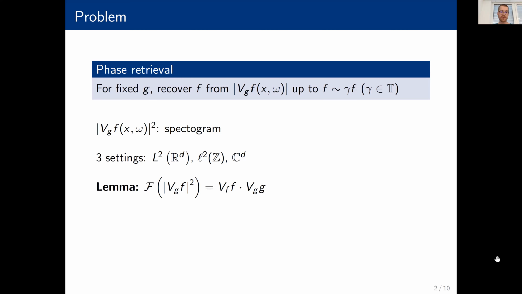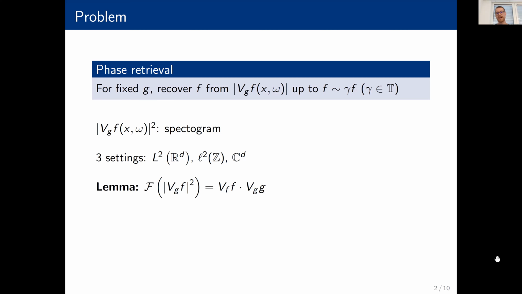But this version here, which is on the slide, just captures everything you need to know. And what you need to know about this equation is that the left-hand side only depends on our measurement. So what is on the left-hand side is just the Fourier transform of the spectrogram. And so this is information we can access by our measurement. We might not want to compute this explicitly, but this is something we have access to in theory.